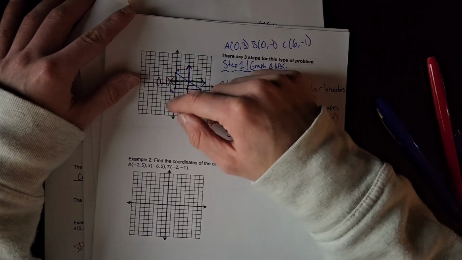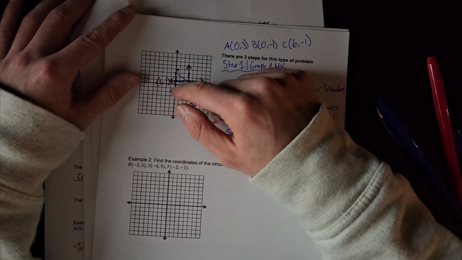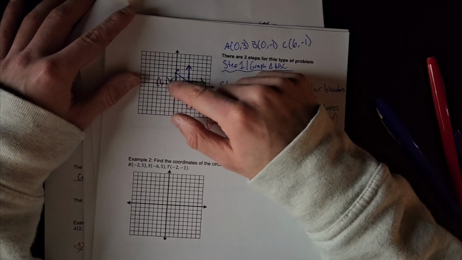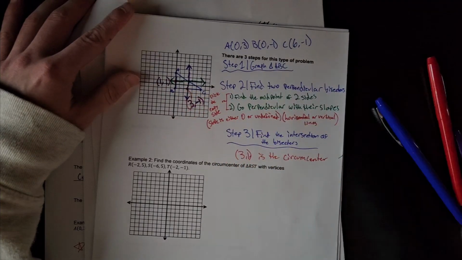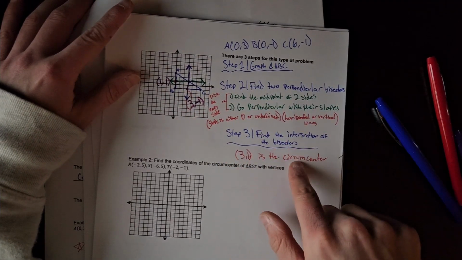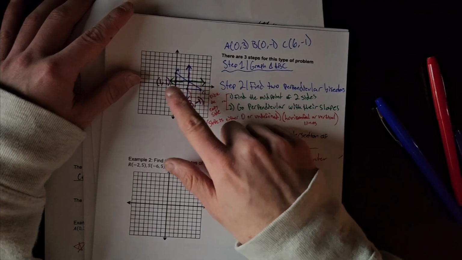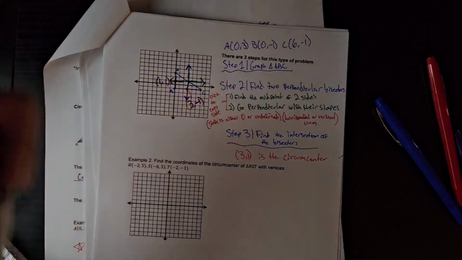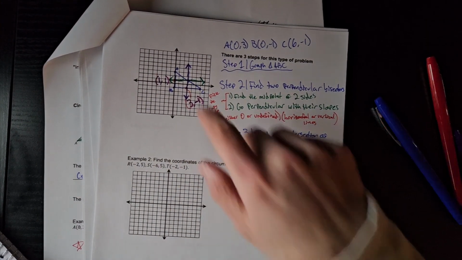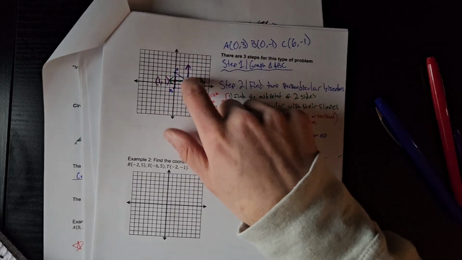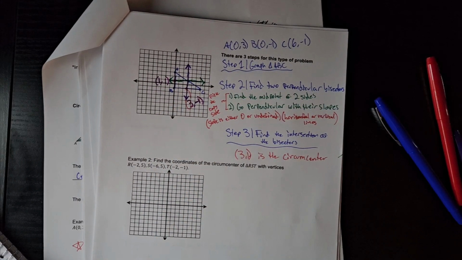If AB is vertical, at that midpoint 1, 1, I go horizontal. That's perpendicular. Then I find the intersection between those 2 lines, 3, 1. This is a right triangle, by the way. If you can't tell, that circumcenter is on that side.